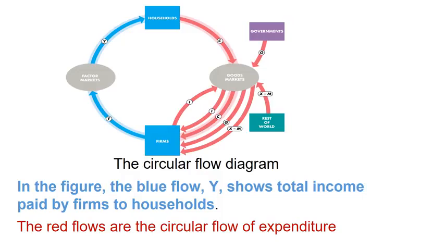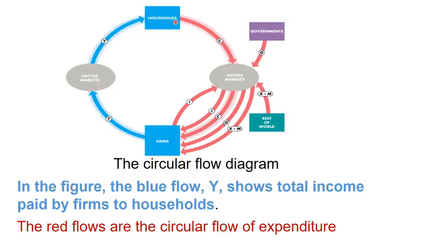The total payment for these goods and services is consumption expenditure, shown by the red flow labeled C. The figure shows the total income, aggregate income received by households, including retained earnings, as the blue flow labeled Y. All the blue ones represent Y, which represents the income approach, the earning of income.